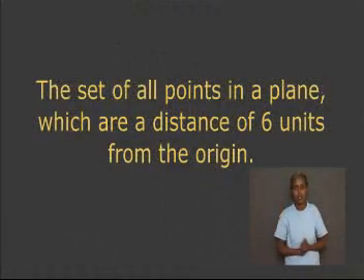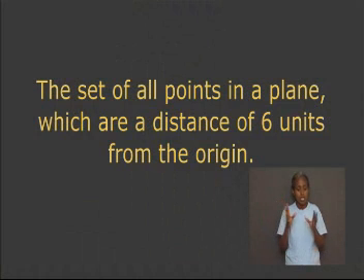Suppose that you are given this description of a locus. This locus is the set of all points in a plane, which are a distance of 6 units from the origin. Is there a plane curve that matches this description?